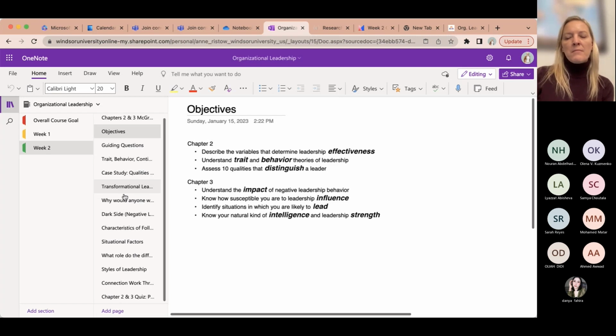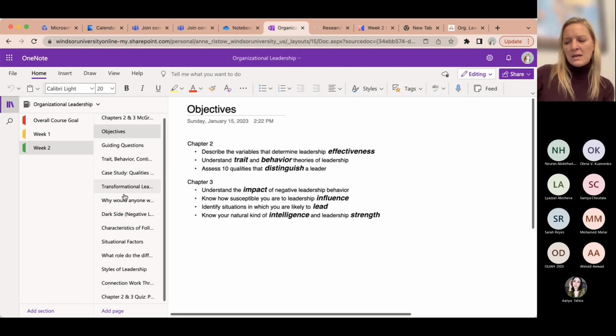As leaders, there's quite often opportunity to be influenced by others without us even realizing it, and obviously leaders will influence as well. We want to look at situations where you're most prone to lead, and also think about our natural intelligences and how that builds into our leadership strengths.